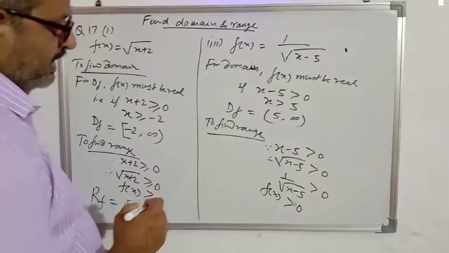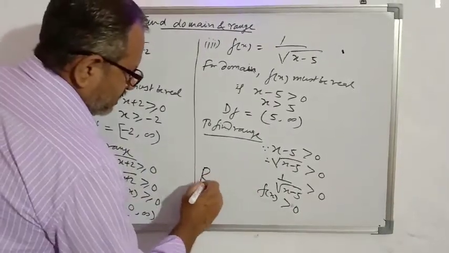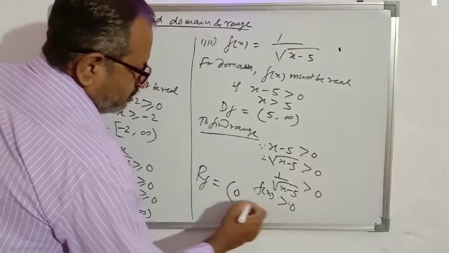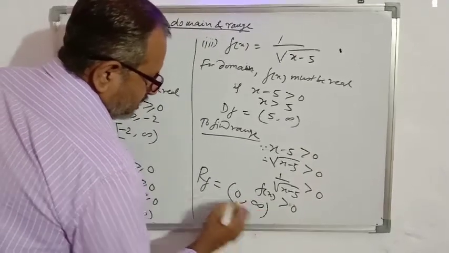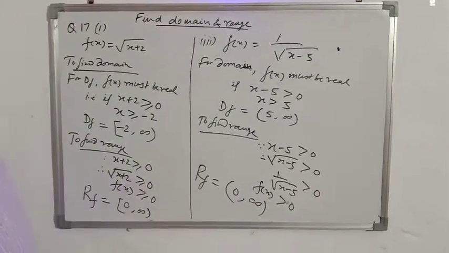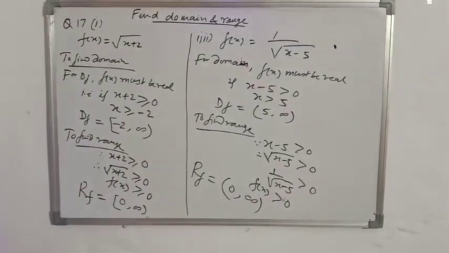And f(x) means range, so the range of the function is greater than 0. 0 is not included here, so the open interval 0 to infinity is the range of the function, and this is the domain of the function.